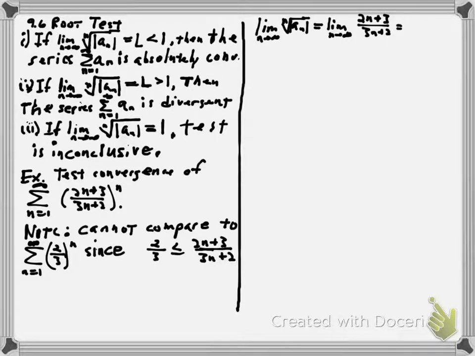Very easy limit to compute. This limit is 2/3, which is less than 1. Therefore, this series converges absolutely, or as I'll abbreviate, AC, absolutely convergent by the root test.